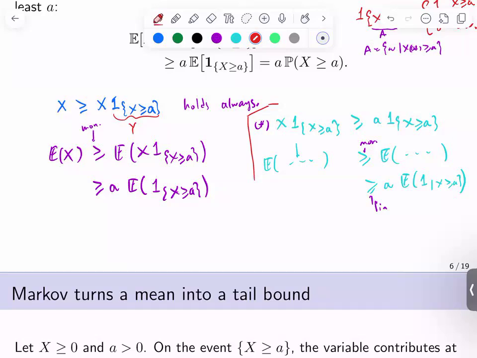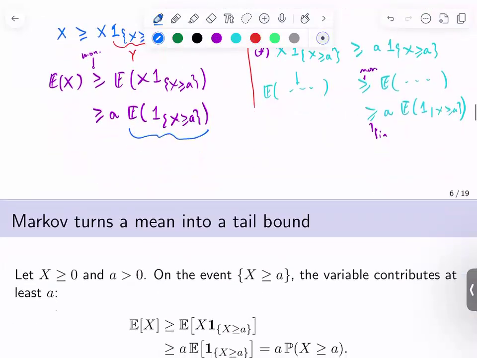Okay, now, what can I say about this? What is the expectation of the indicator variable, if anyone remembers? An indicator variable takes two values. So what is its expectation? Let me hide the end result.